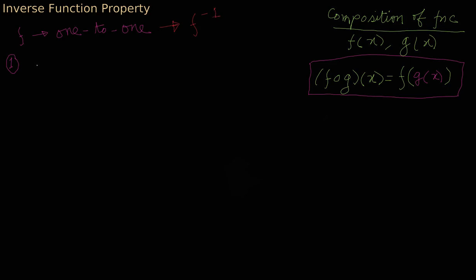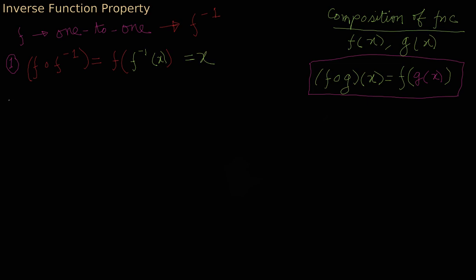So now let us see the first property of inverse function: composition of a function with its inverse. The composition of a function with its inverse function is equal to my first function and parenthesis, and then inside the parenthesis I have the second function as an argument, f(f⁻¹(x)), which is equal to x.